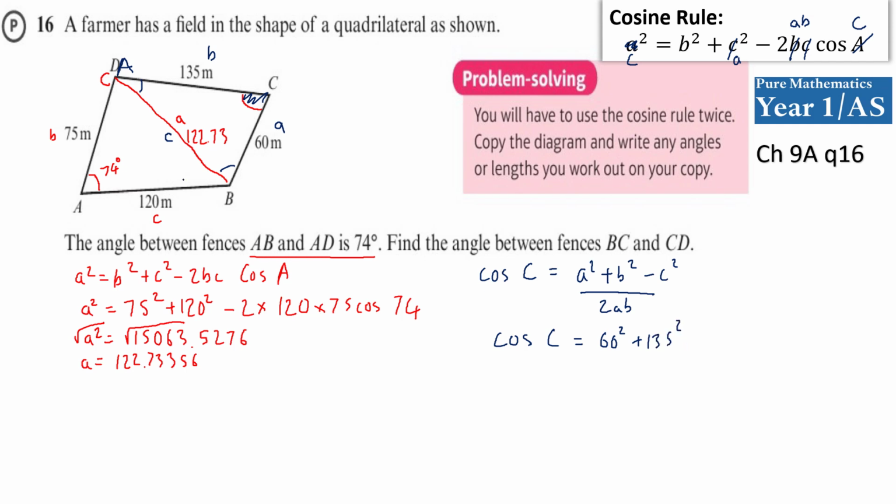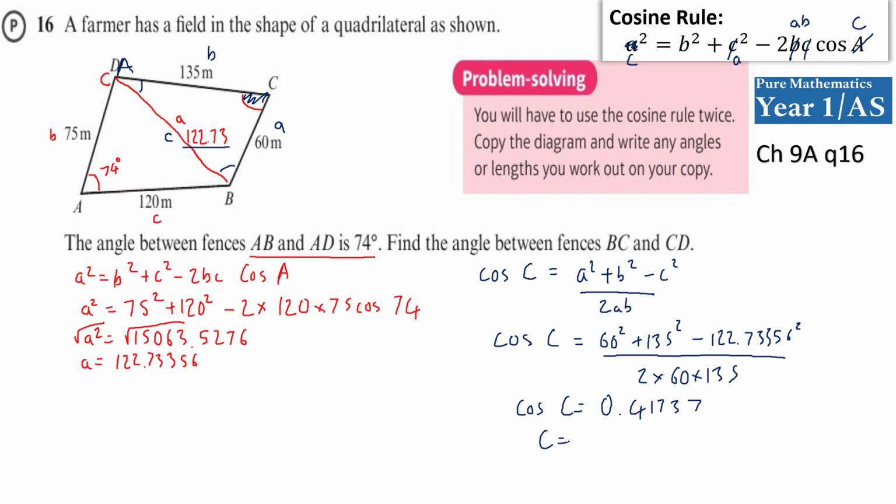Now c squared in this instance is now this length, and minus 122.73356 squared, all over 2 times 60 times 135, and you should get cos C equals 0.41737.